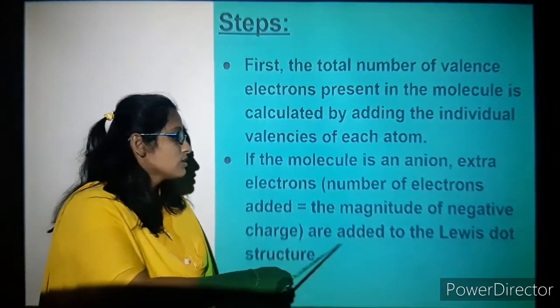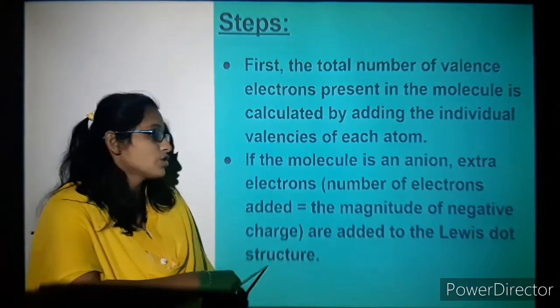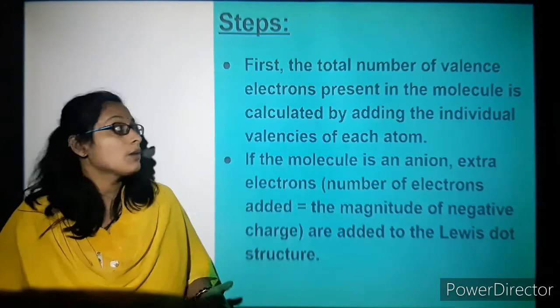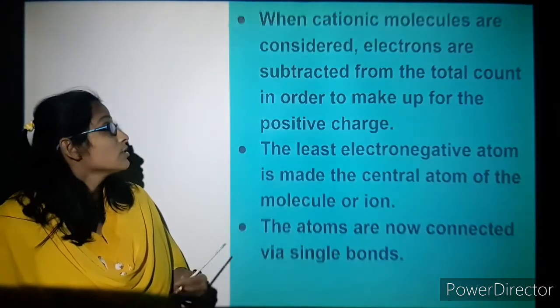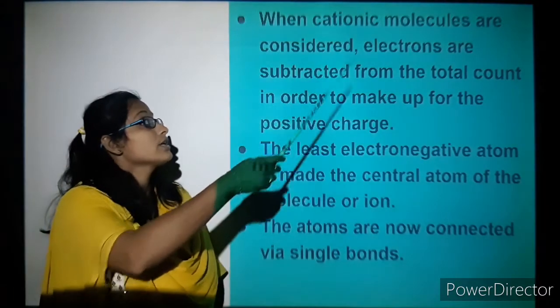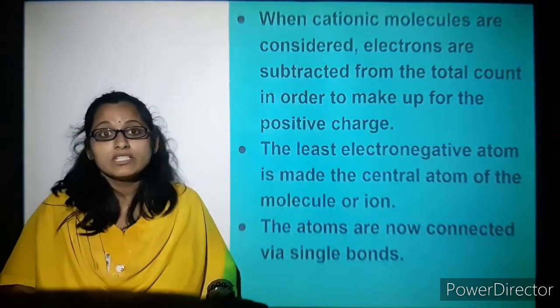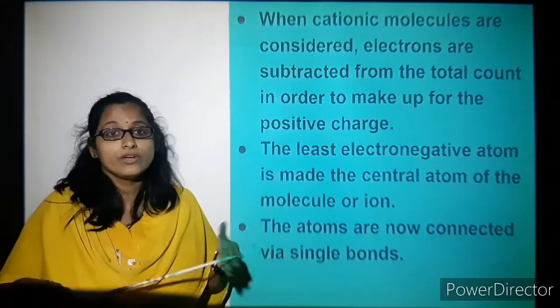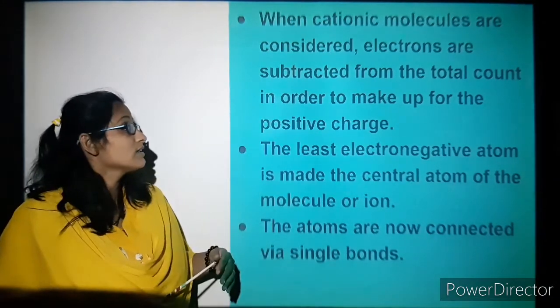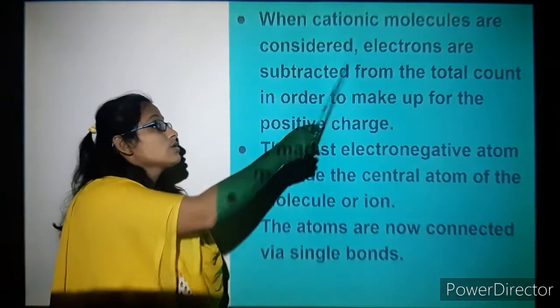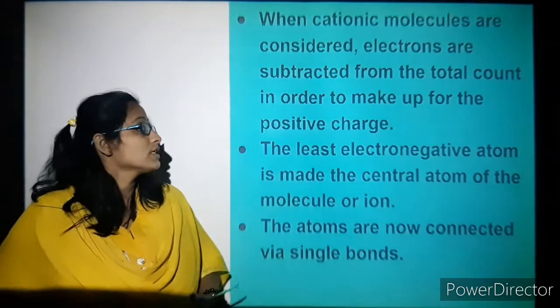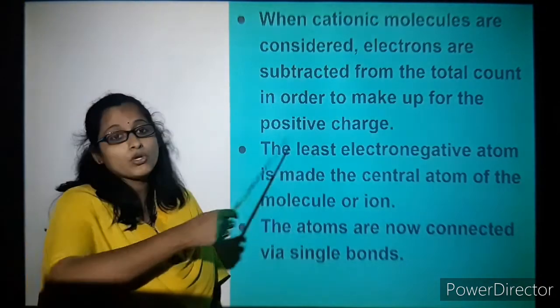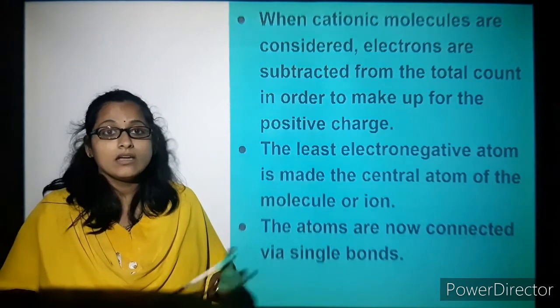So here electrons are added to the Lewis dot structure. Next, coming to the cations. Cationic molecules are positively charged, which means they are going to give their electrons or share their electrons. Hence, electrons are subtracted from the total number in order to make up a positive charge, like Na+.